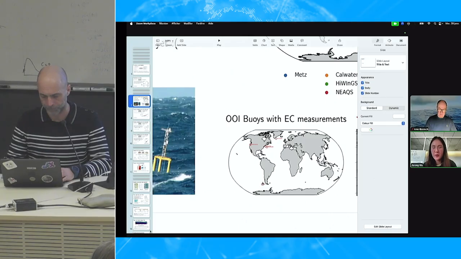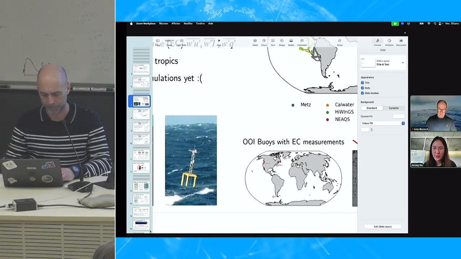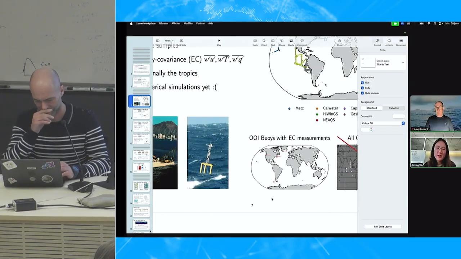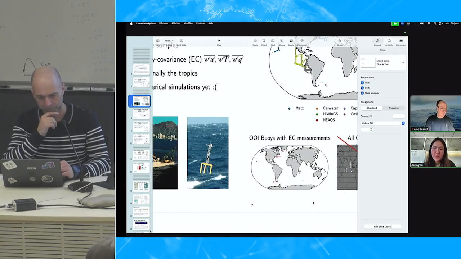But the problem with these OOI buoys is they have only momentum and sensible heat flux, so there's no direct measurement of latent heat flux. So we have to think of ways to use this incomplete data set, which will require some method like transfer learning.